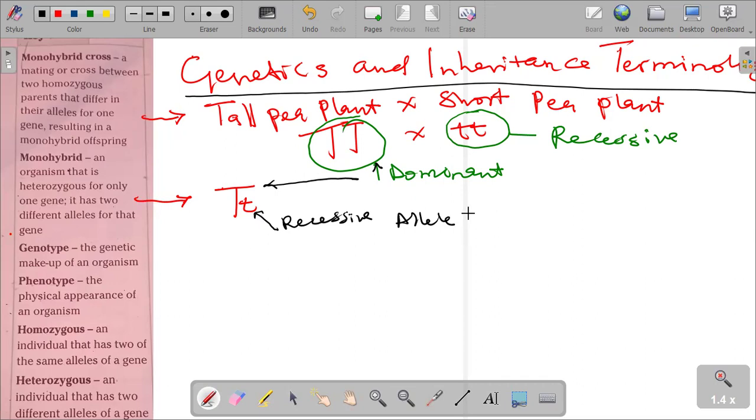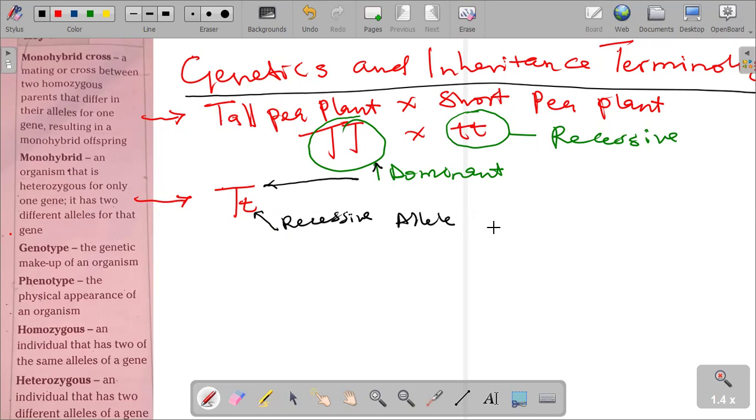In genetics, we always use letters, either capital letters or small letters, to represent characteristics, where the dominant allele is represented by a capital letter and the recessive allele is given by a small letter.